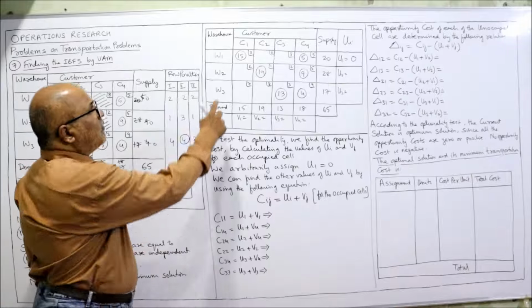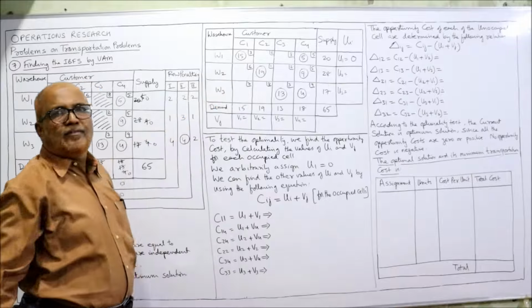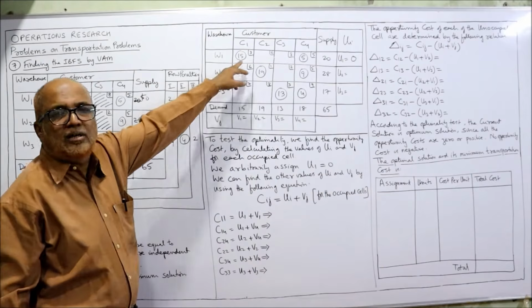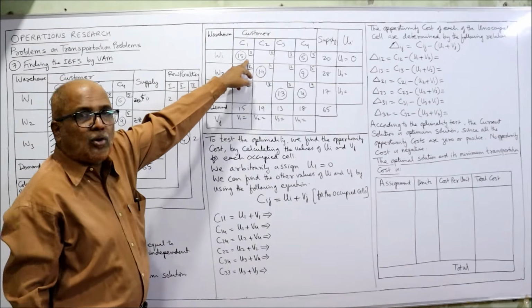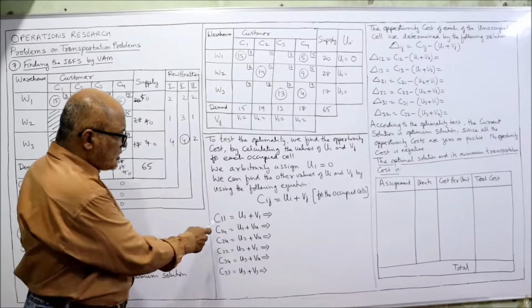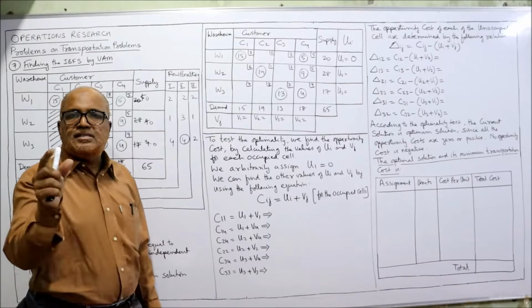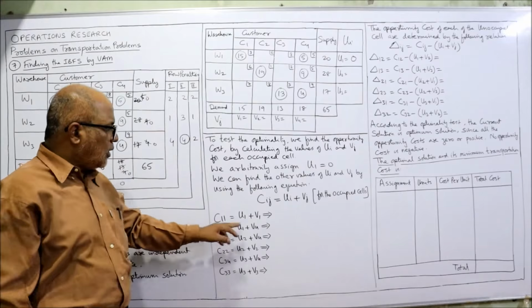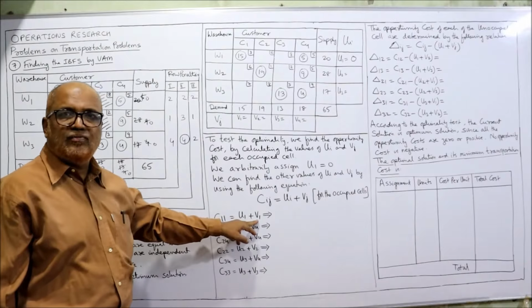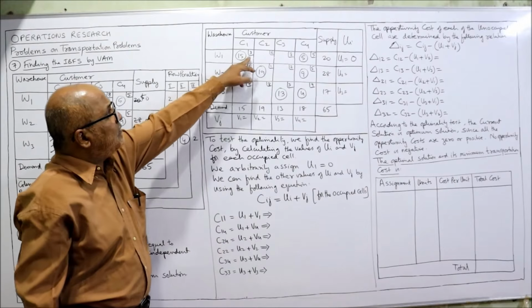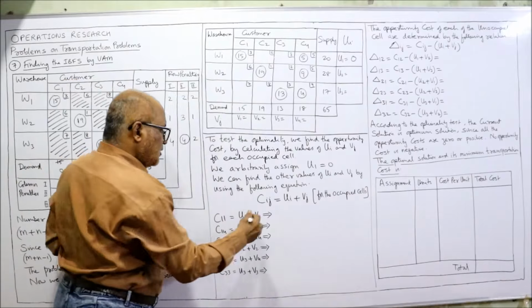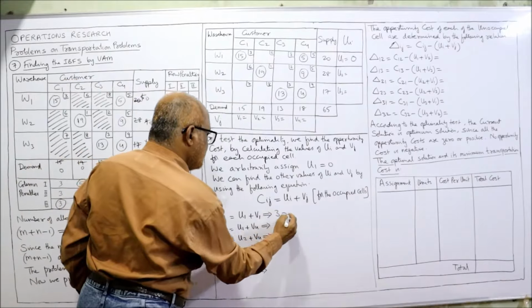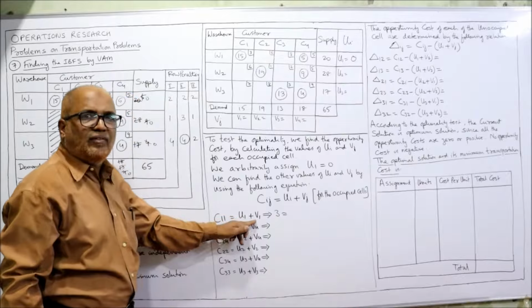So what is the location of this cell? First row, first column. So I will write down C11. C11 is equal to U1 plus V1. How much is C11 here? 3. So 3 is equal to U1 plus V1.